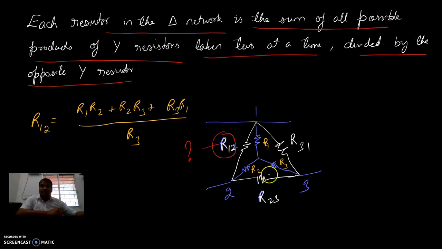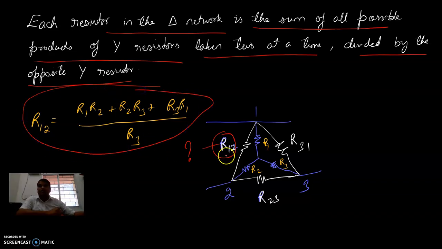If you have R1, R2 and R3, you take the sum of all possible multiplications R1 R2, R2 R3, R3 R1 divided by the opposite resistor. For R12, that is R3. This is how you can get the value of R12.